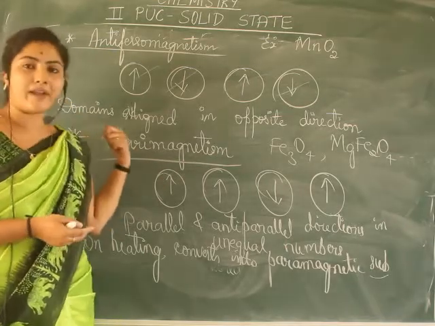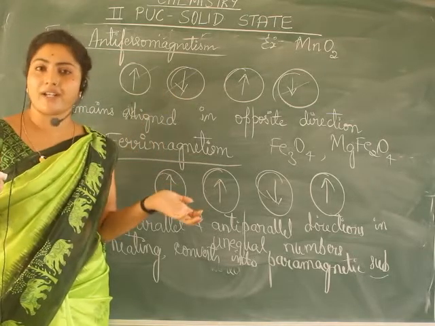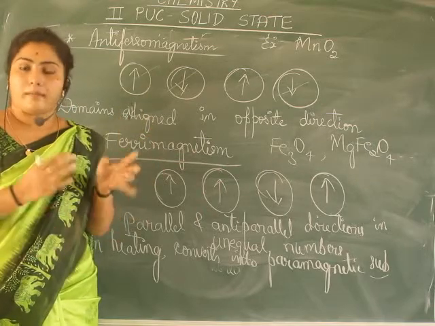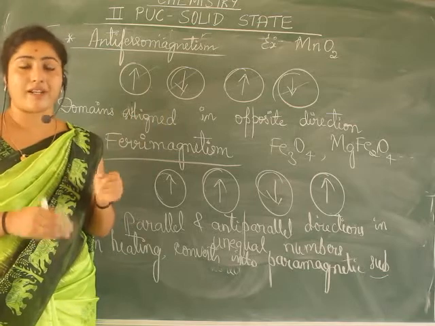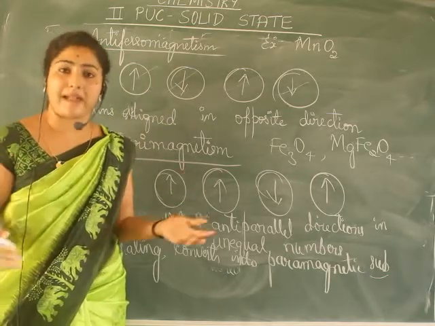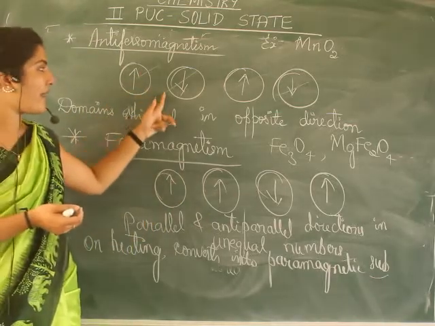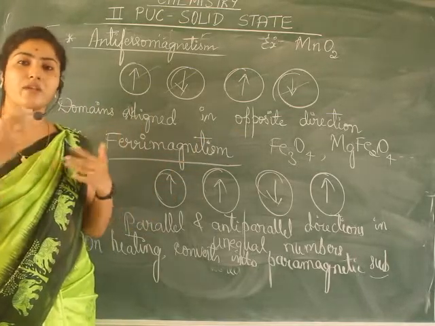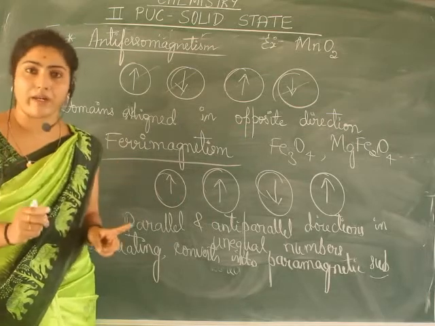Whereas in ferromagnetic substances, first the domains are aligned in different directions, but when placed in the magnetic field, the domains align in the direction of the magnetic field, and even after removing the magnetic field, it can act as a permanent magnet. It can show permanent magnetism. Whereas in antiferromagnetic substances, the domains are all aligned in opposite directions, and hence they cancel each other because they are in equal numbers.